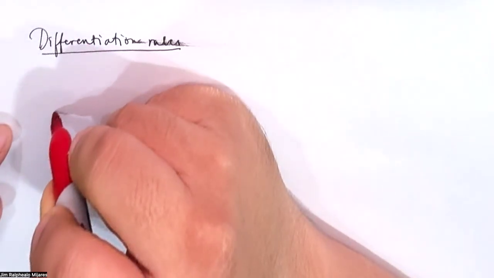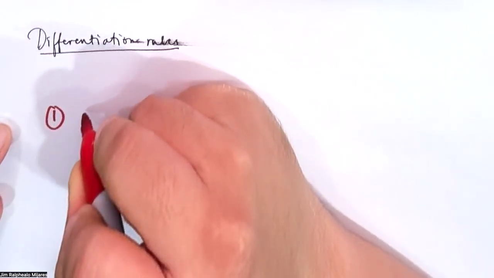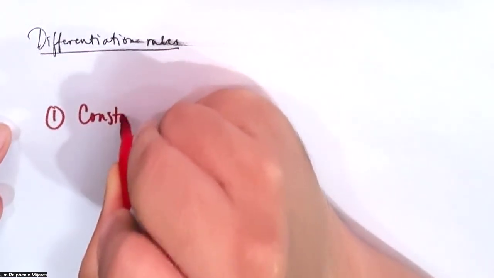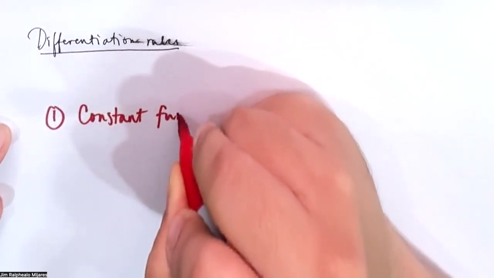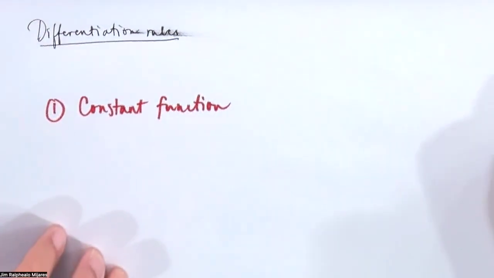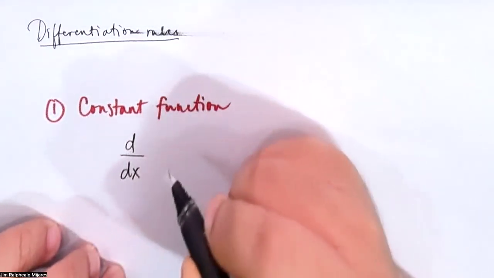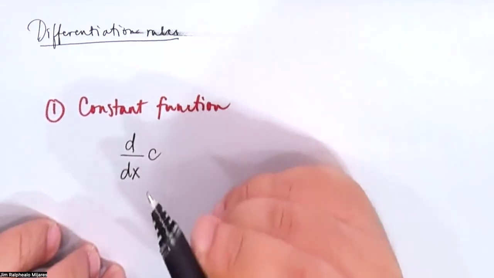All right. Okay. The first rule is the constant function. Okay. That is, what is the derivative of a constant function?